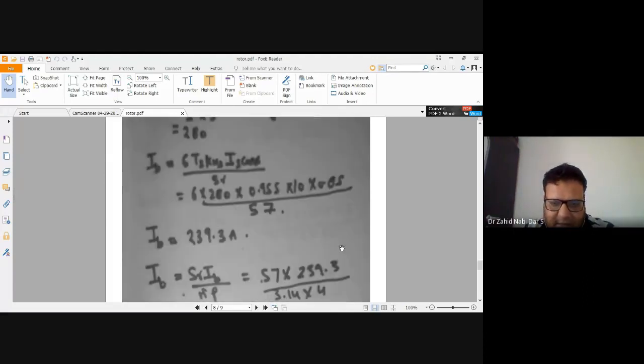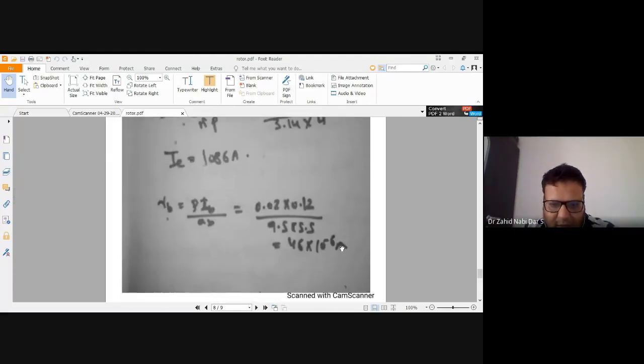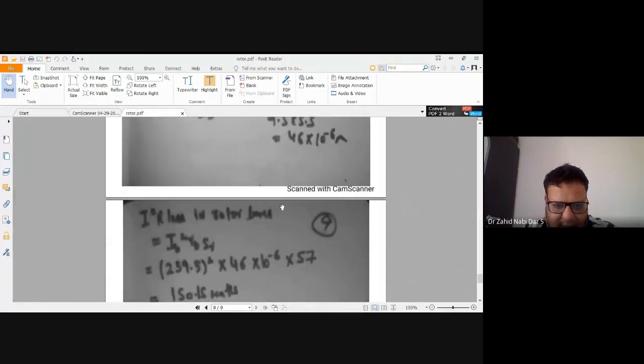Here we cannot write it as it is, so 9.5 into 5.5 into 10 to the power of minus 6, because we are converting millimeter to meter.